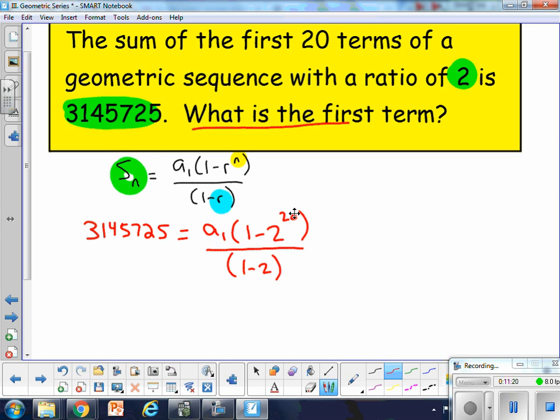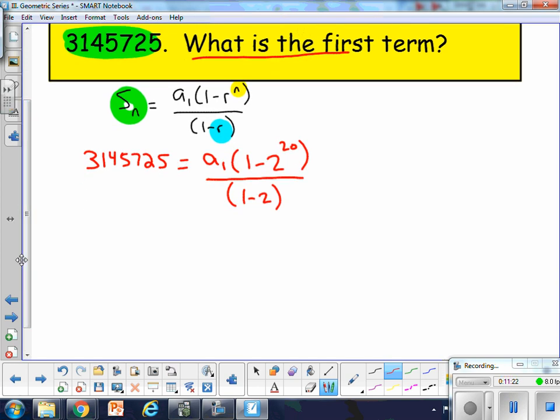And let's see if we can solve that. We'll do some algebra and simplify. Okay, so what I would do first, we got here 31,457,25, equals a1 times 1 minus 2 to the 20th. Now that denominator, 1 minus 2, of course, is just negative 1.